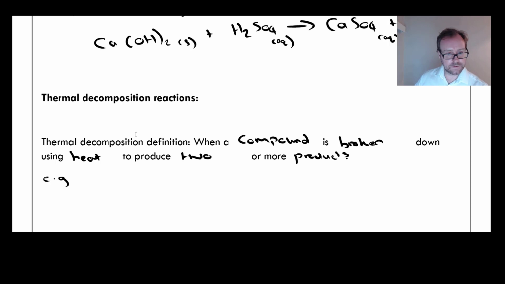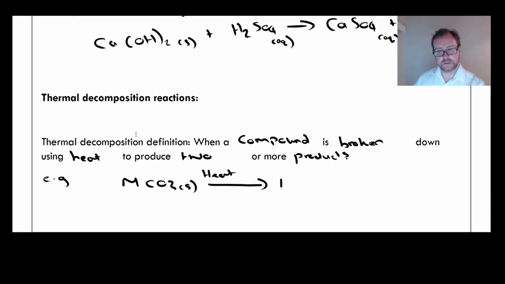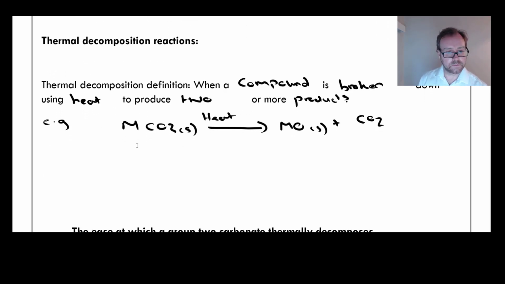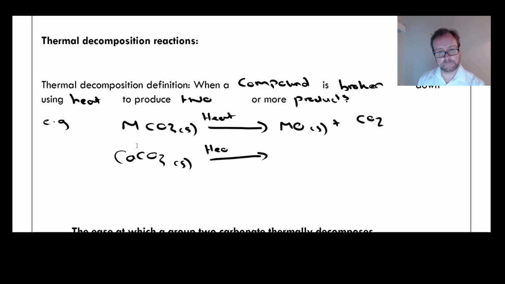E.g., we will do a generic equation, so metal carbonate with heat produces my metal oxide plus CO2, and we will use calcium carbonate plus heat forms calcium oxide plus CO2 gas.